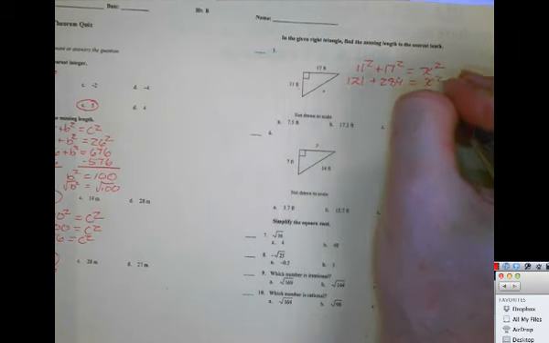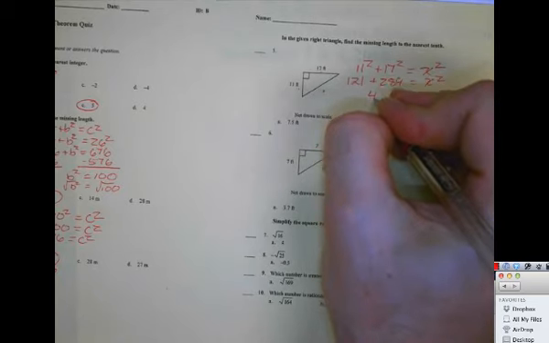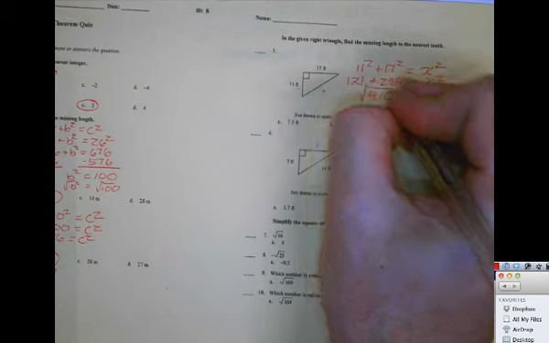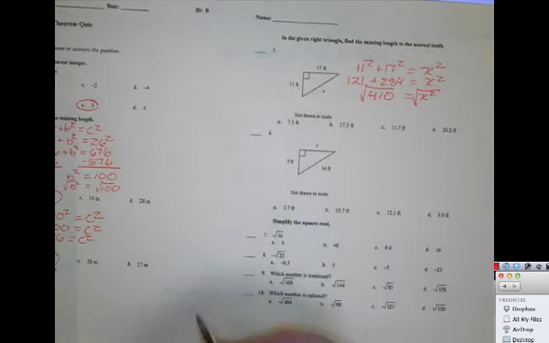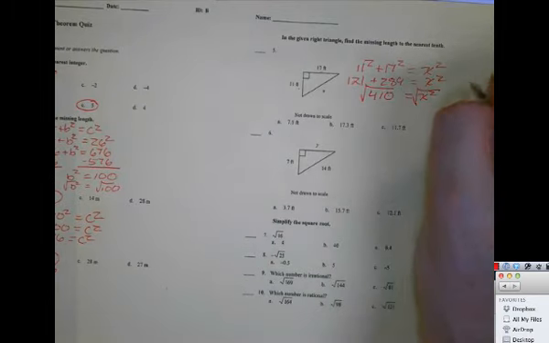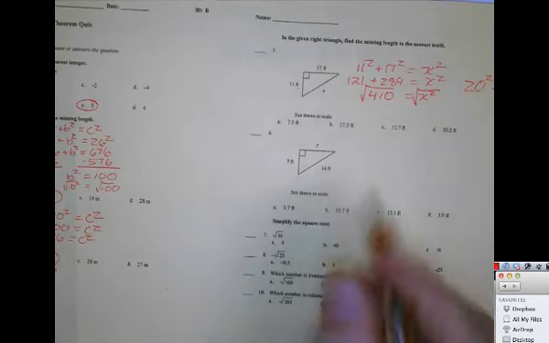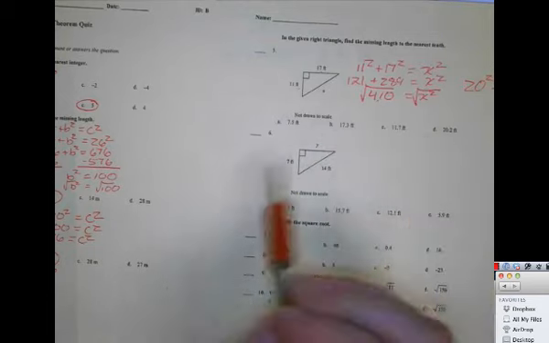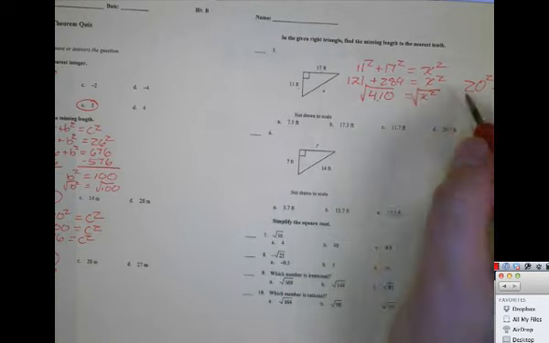And that's x squared. Add those together, I'm going to get 410 is equal to x squared. So I'm going to take the square root of both of those. And these are ones that you should kind of know: 20 squared is 400. Well, that's close to this. So which one of these is closest to that? Well, it's going to be D.